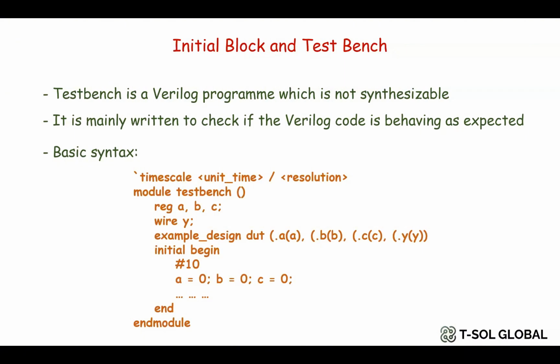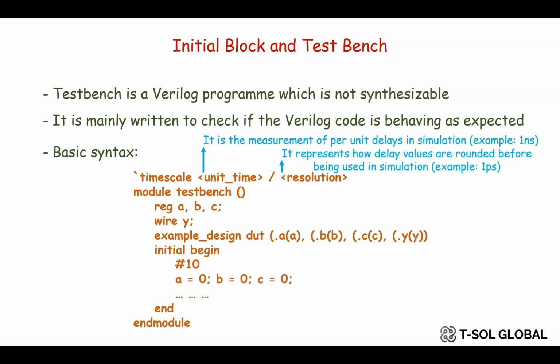For a test bench, we can start by defining the time scale. It includes the unit time and the time resolution. The unit time is the measurement of per unit delays in simulation, for example 1 nanosecond.